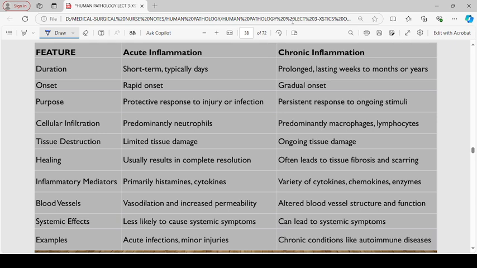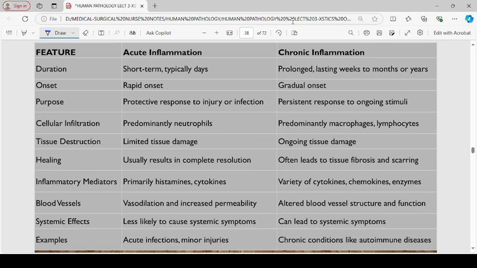Inflammatory mediators: acute inflammation is primarily mediated by histamines and cytokines, while in chronic inflammation we have the cytokines, the chemokines, and the enzymes. Effect on the blood vessels: you find that acute inflammation normally results in vasodilation and increased permeability, while chronic inflammation results in altered blood vessel structure and function.